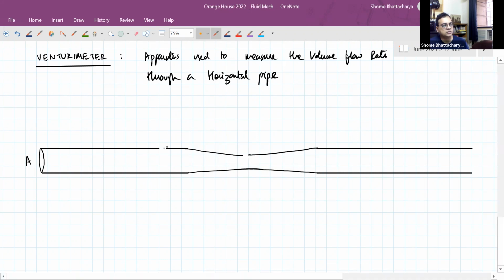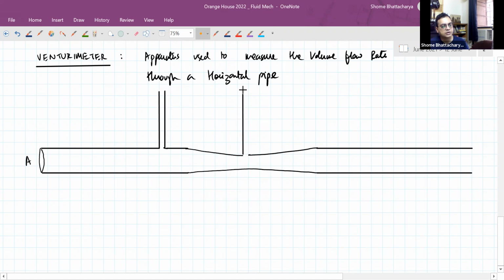Where it is tapered and where it's at its normal area of cross section, at these two positions there are two vertical capillaries built into the device, like two narrow vertical tubes.